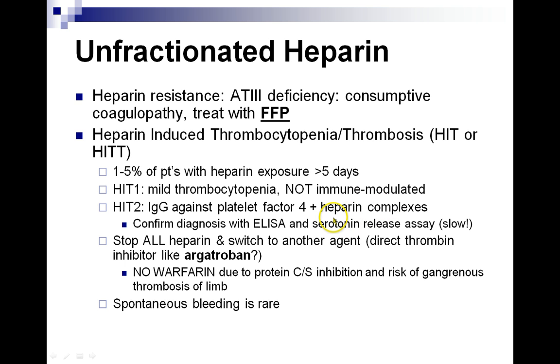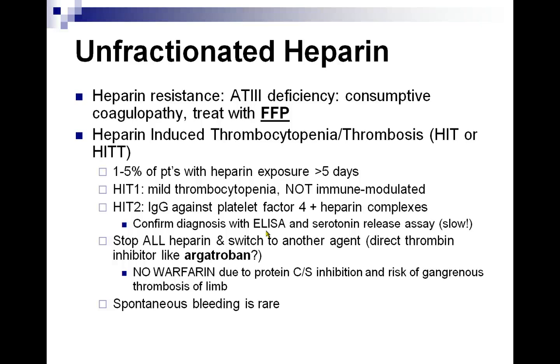And this can be confirmed in the lab with a test that's kind of slow. And so practically, when we see patients who are suddenly having a drop in their platelet count or other signs of bleeding or clotting while they're on heparin, if we suspect HIT, we stop all the heparin right away and we switch to some other agent. Often it's a direct thrombin inhibitor like argatroban.